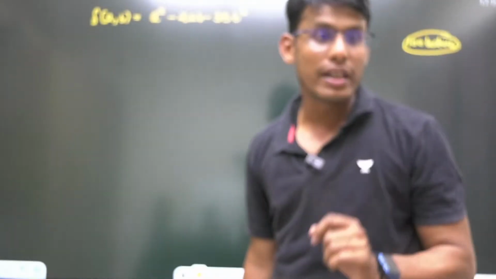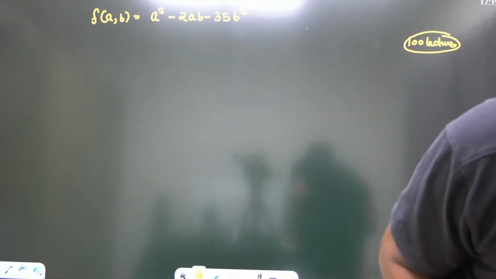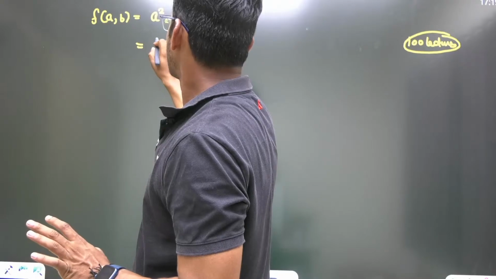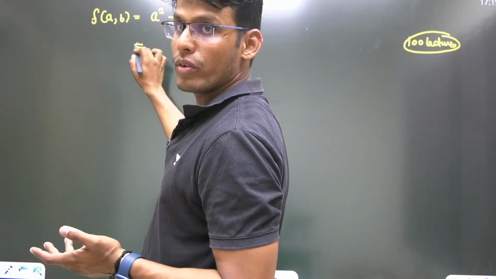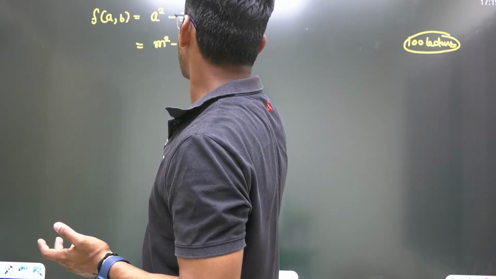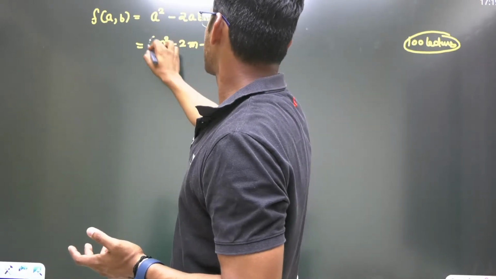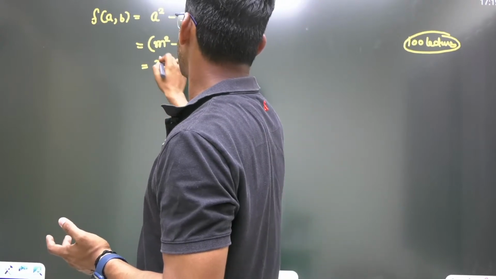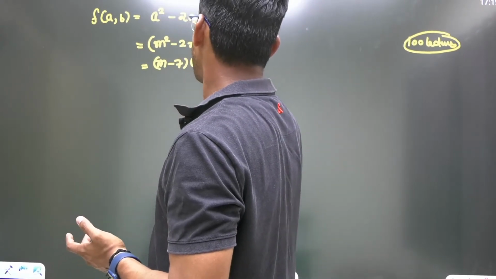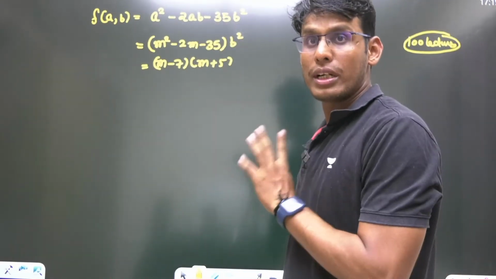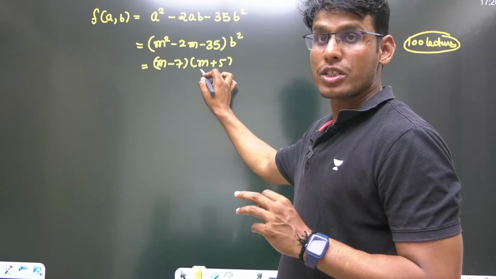You complete the answer. You are saying a minus 7, a plus 5, right? It should not be like this. I will do it with both the methods. M square minus 2m minus 35 times b square, so this becomes m minus 7, m plus 5. When I teach you something, I tend to do it directly. I did not write the intermediate steps here.